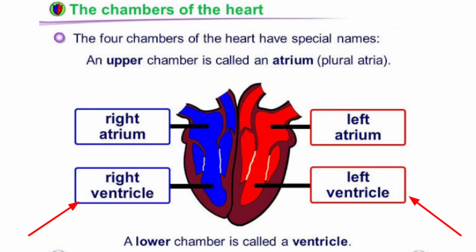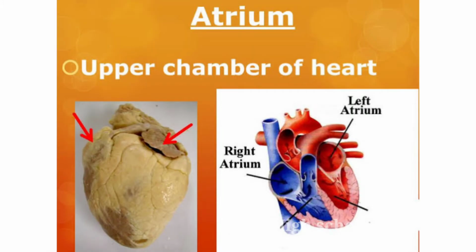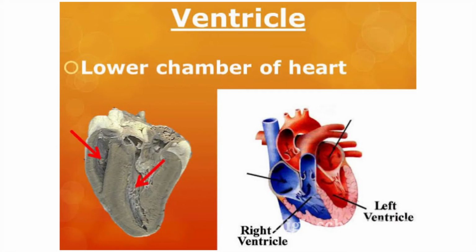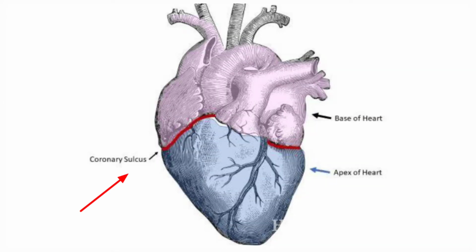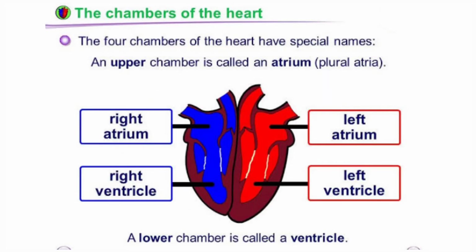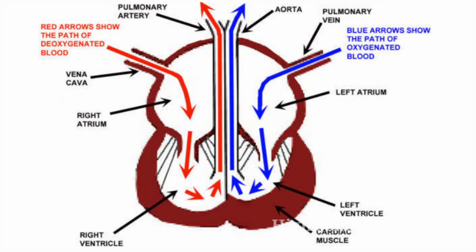Externally, auricles and ventricles are demarcated by a transverse groove called the coronary sulcus. The atria are collecting chambers, while the ventricles are the pumping chambers.